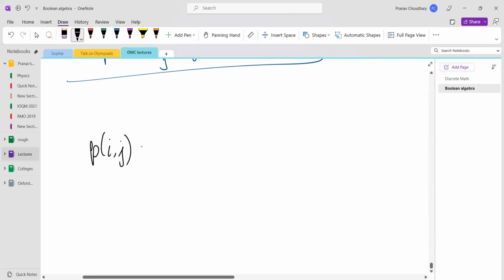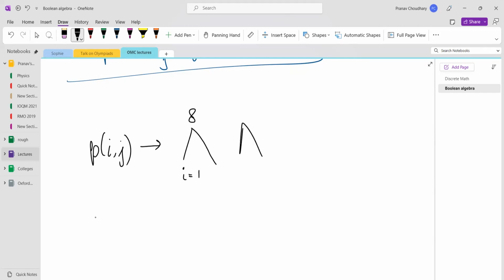If there's a queen on i comma j, then we check the diagonals for i comma j, and there should not be any queen on those two diagonals, right? So the condition for diagonals is, i goes from 1 to 8.